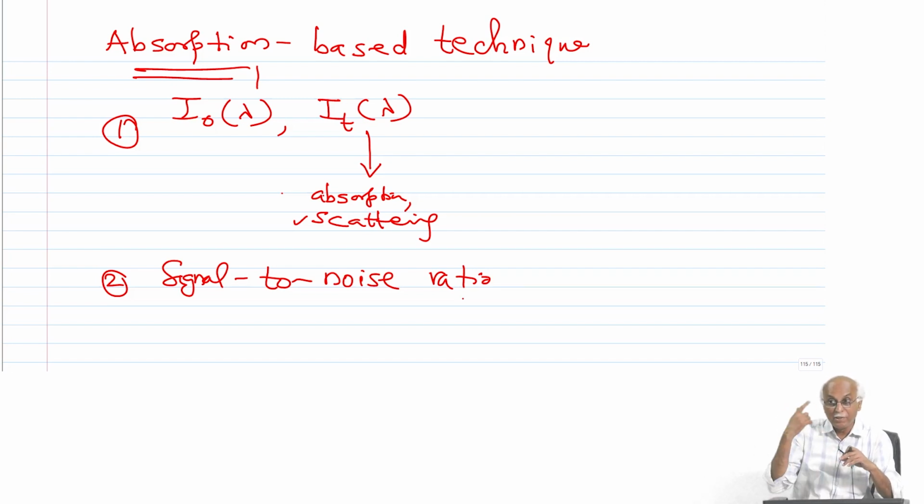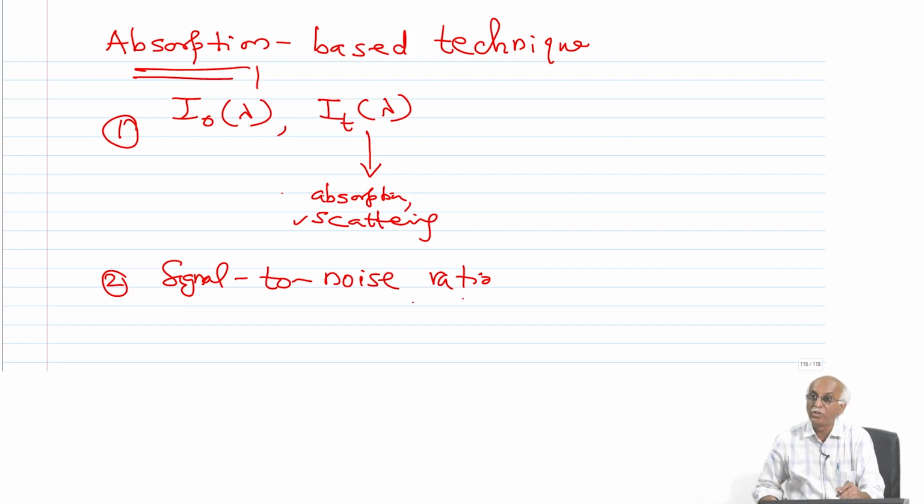While in the previous case, where there is already a light intensity, the signal to noise ratio is going to be quite small, because the absorption is quite small. If the absorption is significant and the transmitted light intensity goes to 0, I can easily capture it. But if the absorption is negligible, the small change in light intensity is difficult to capture.